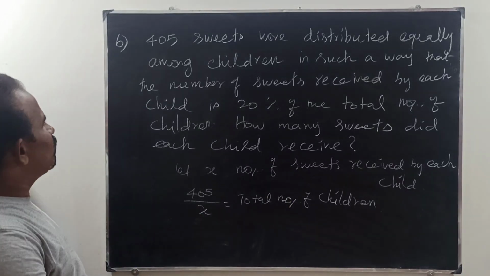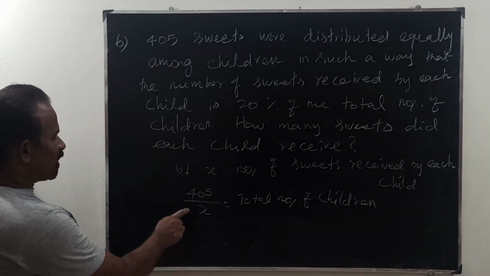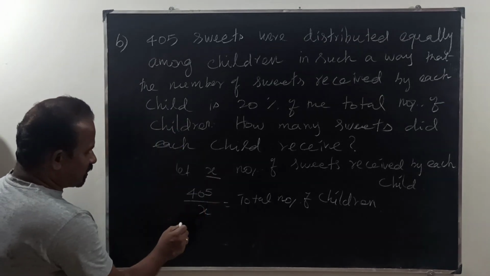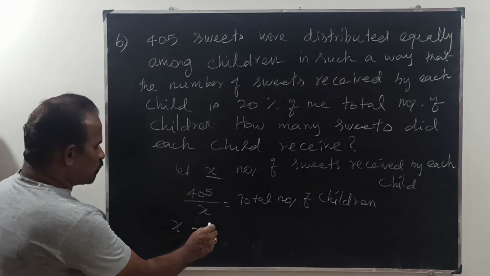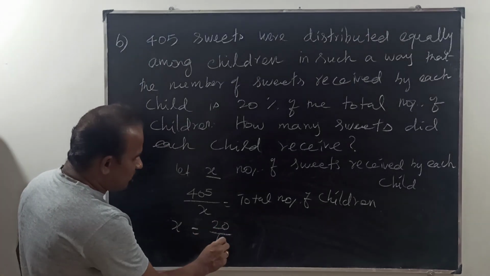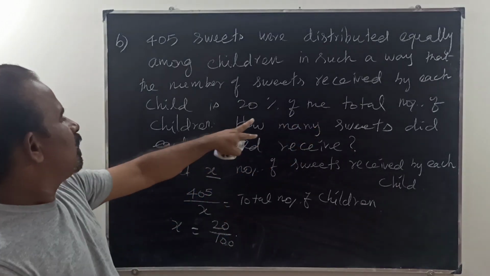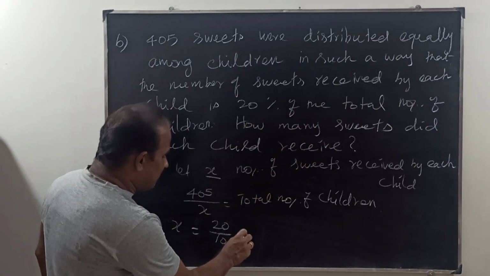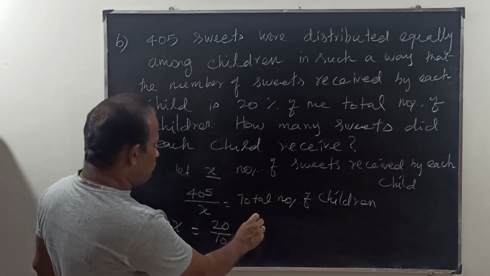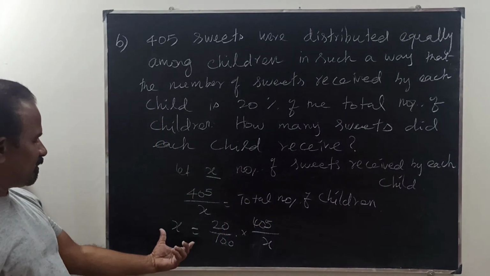Now the number of sweets received by each child is x. Therefore x is equal to 20% of the total number of children. 20% means 20 by 100, into the total number of children, which is 405 divided by x. That's all.